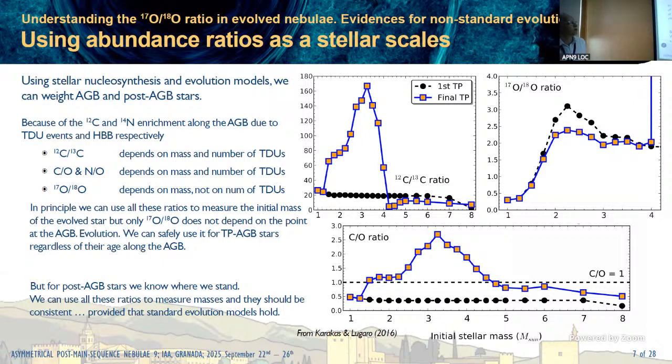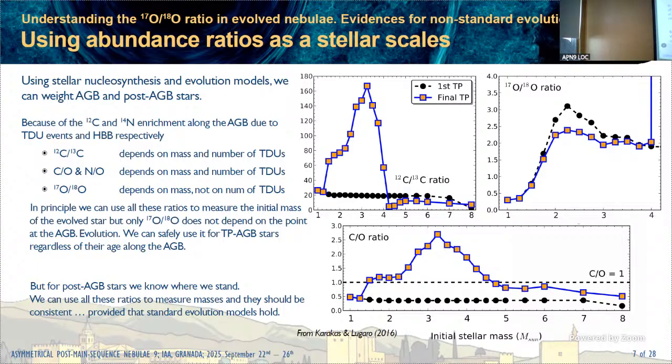And we know that because of the third dredge-up events, when you are in the thermal pulsating AGB, you start with 12C to 13C ratios given by these black dots. And by the end of the AGB, you have a 12C enrichment for a range of masses. You have also the same trend in the carbon to oxygen ratio.